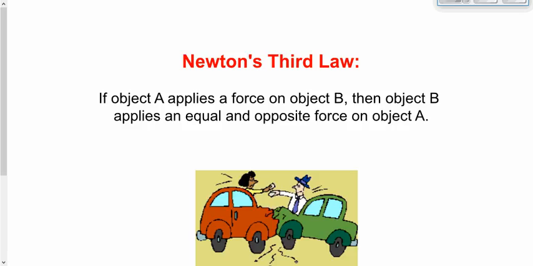Who says yes? I'm saying if object A applies a force on object B, does object B always, without exception, apply an equal and opposite force on object A? Always? Are there exceptions to that? Okay. Give me a situation. Hold on. Yep.